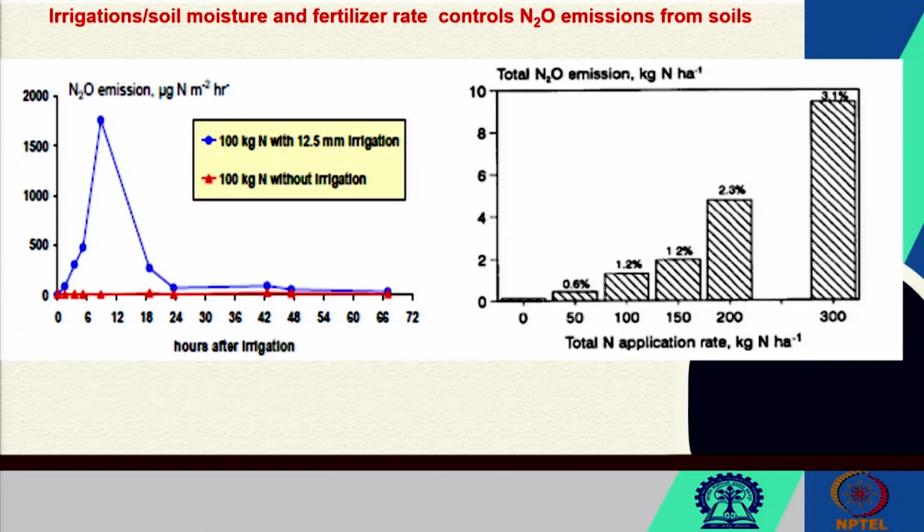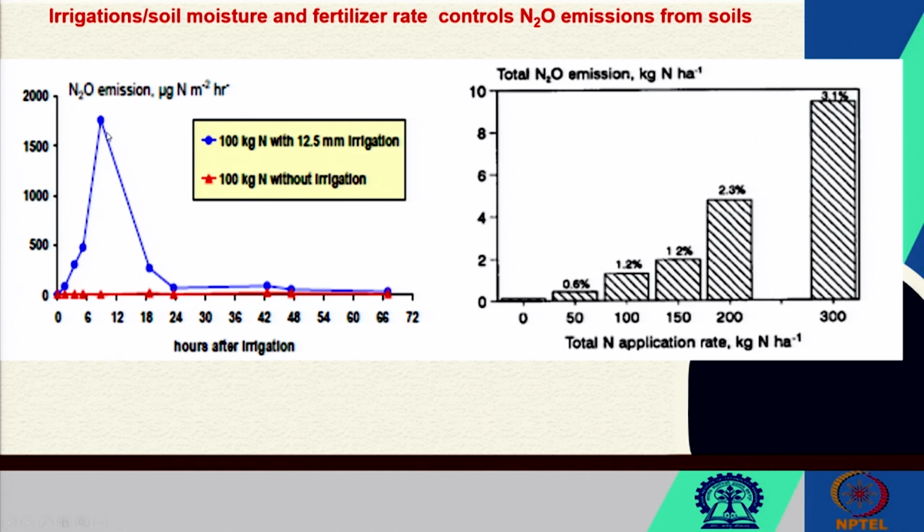In these 2 plots we can see that irrigation or soil moisture and fertilizer rates both control the nitrous oxide emission from the soil. In this plot, on the x axis we have plotted the hours, and on the y axis the nitrous oxide emission.